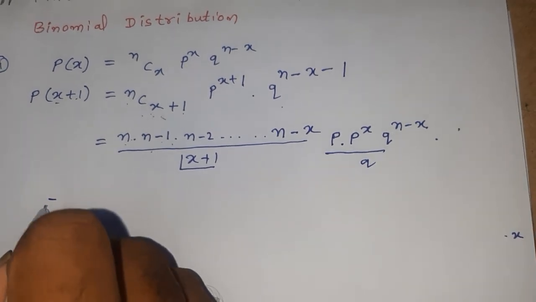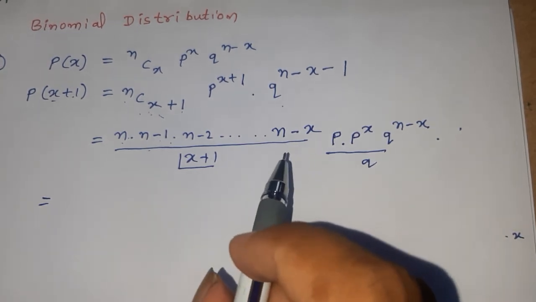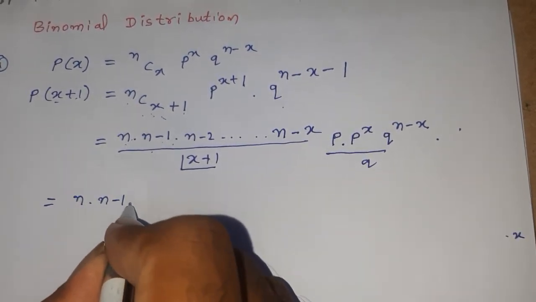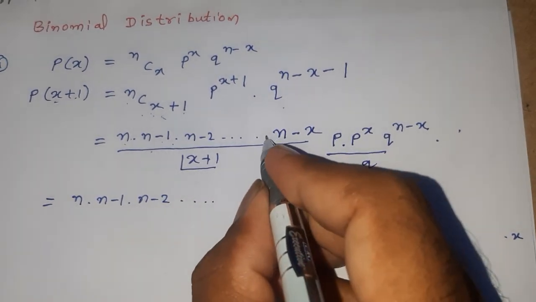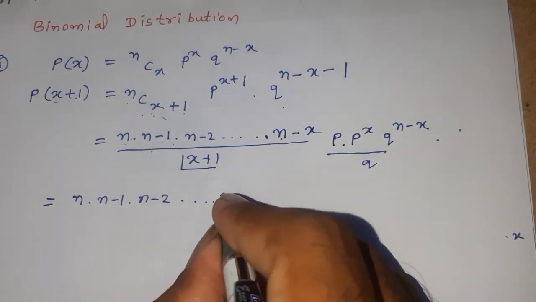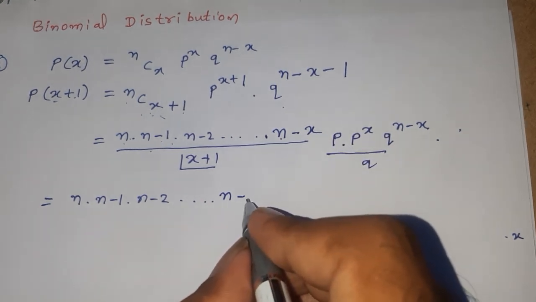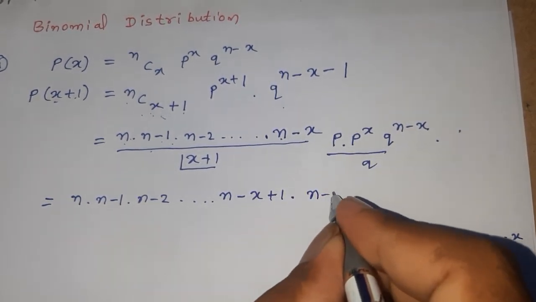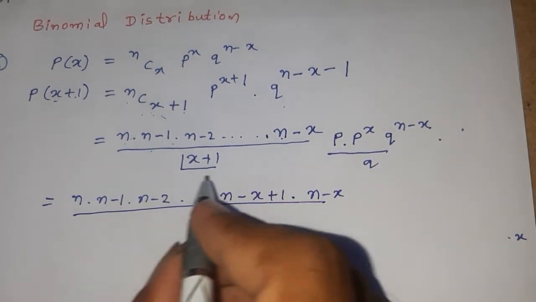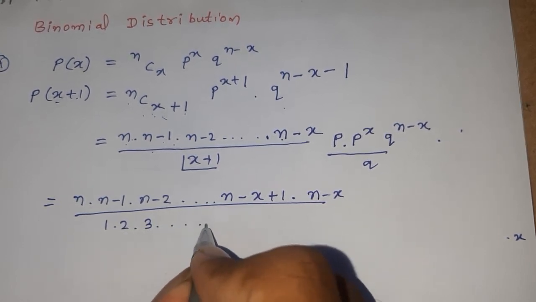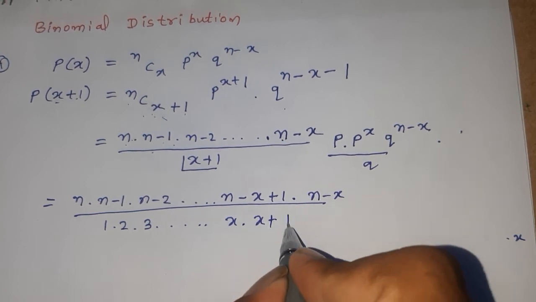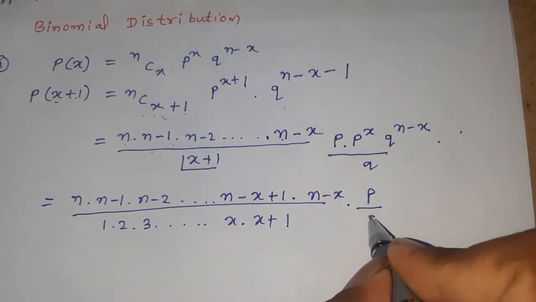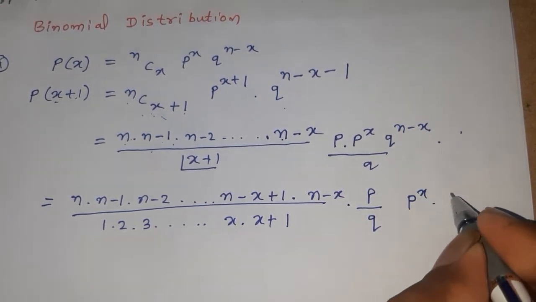Now I need to separate: x plus 1 factorial can be written as 1 into 2 into and so on up to x, and n into n minus 1 into n minus 2 into and so on up to the term before n minus x, which is n minus x plus 1, then into n minus x, divided by x plus 1 factorial, that is 1 into 2 into 3 into and so on up to x into x plus 1, into p by q into p power of x q power of n minus x.